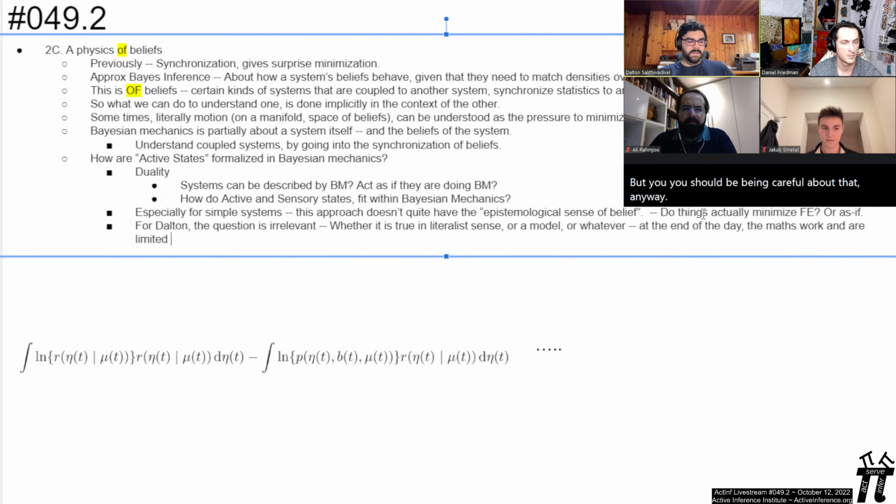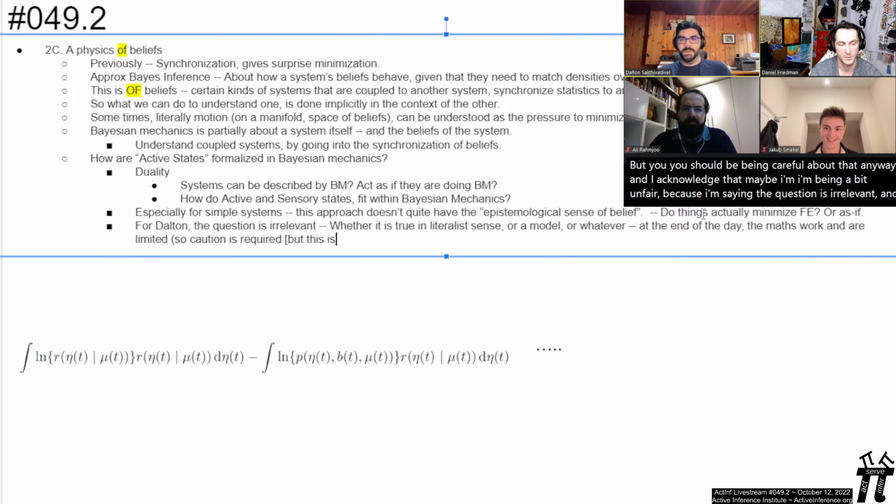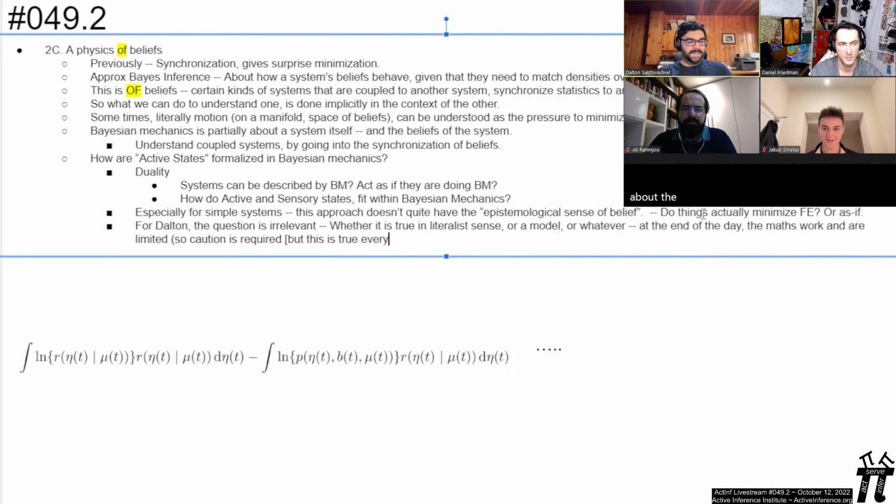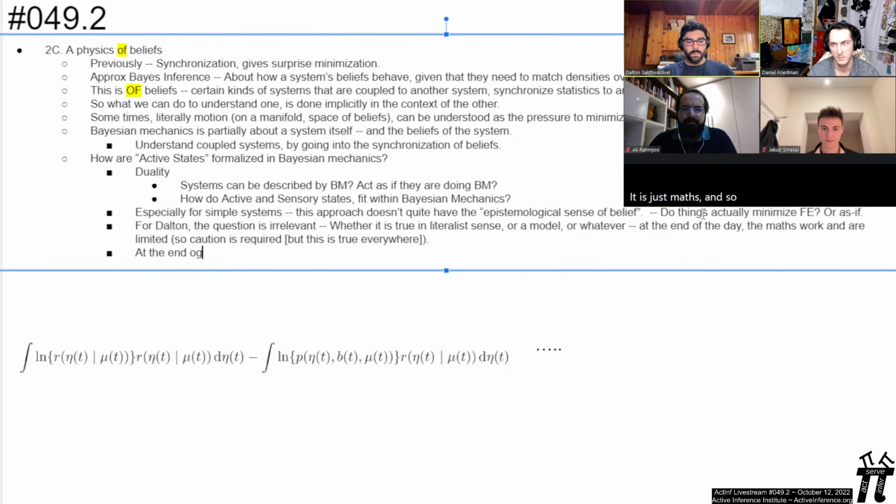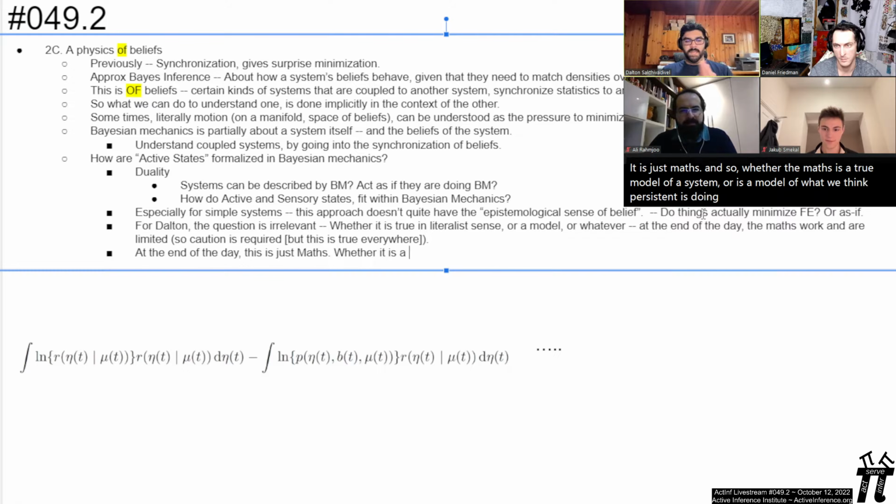I acknowledge that maybe I'm being a bit unfair, because I'm saying the question is irrelevant and then going on to say you do have to be careful about the question. But at the end of the day, it is just maths. And so whether the maths is a true model of a system or a model of what we think the system is doing is kind of a silly question, phrased that way.